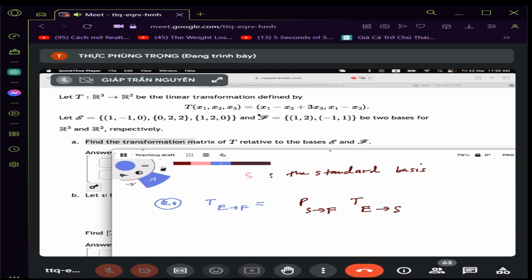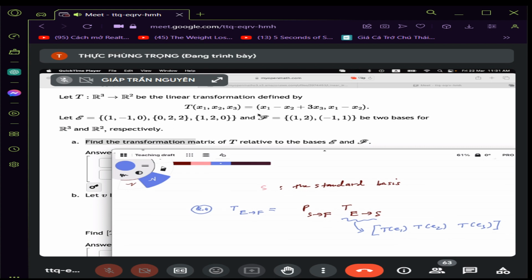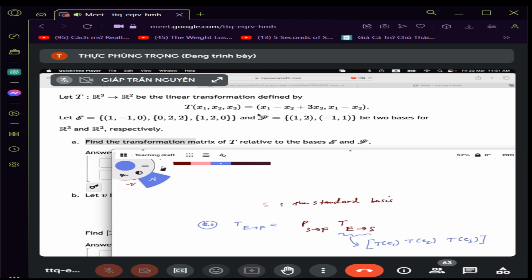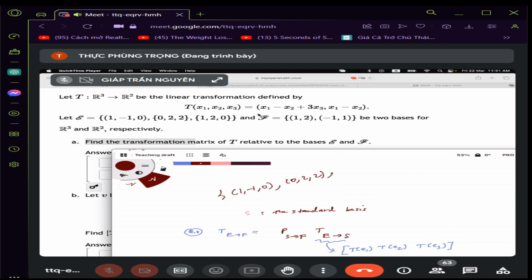Now the one right here, you can see E1 is this one. So this is the basis E, right?